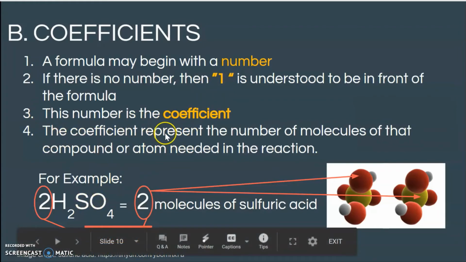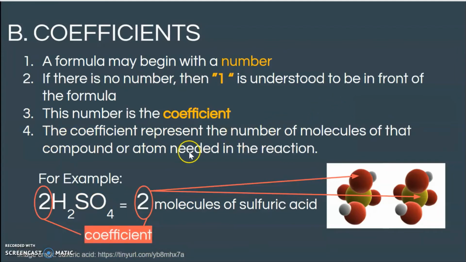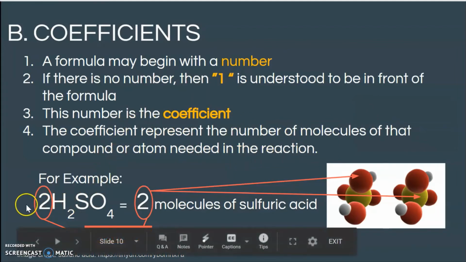The coefficient represents the number of molecules of that compound or atom needed in a reaction. So when you see a 2 out in front for this example, the 2 is the coefficient, and it represents 2 whole molecules.